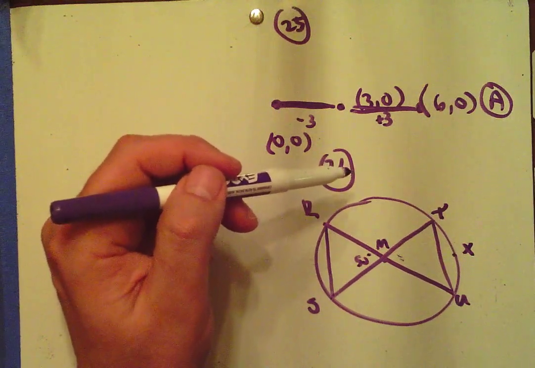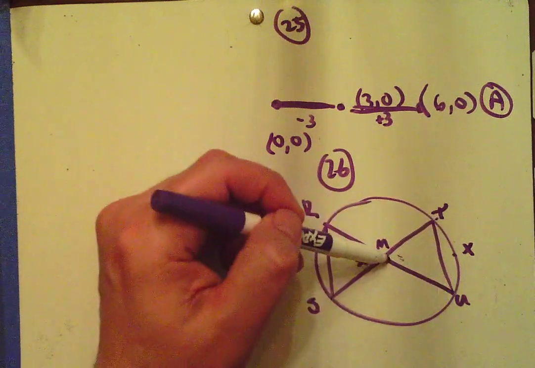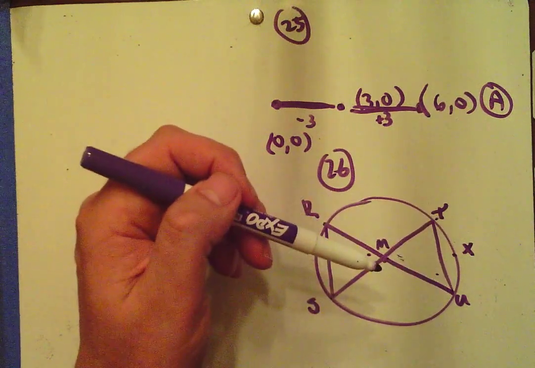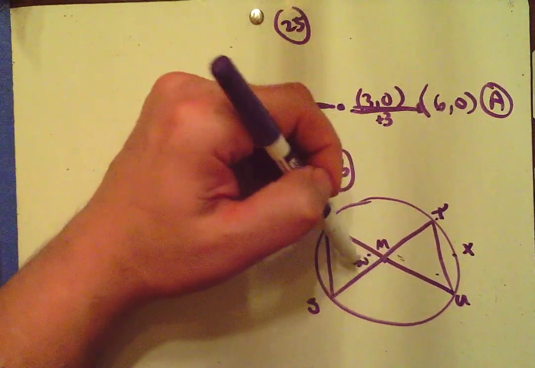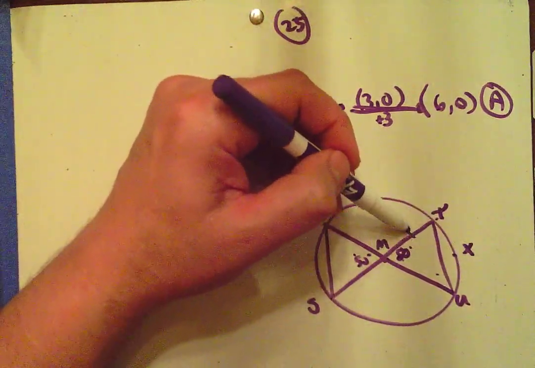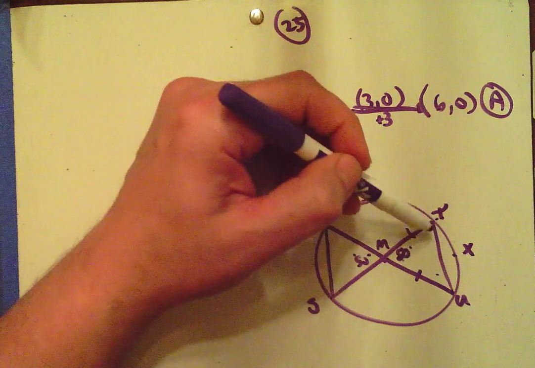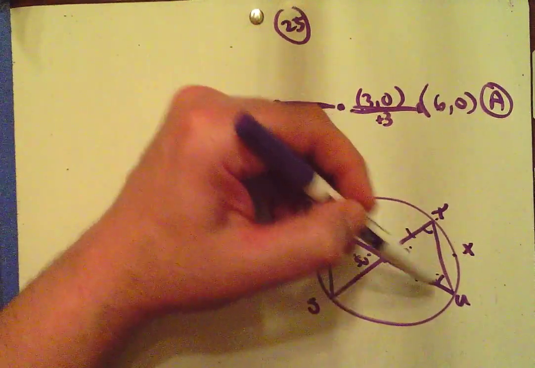Measure of angle TUM is 65. Well, how am I supposed to know that, you might say? Well, remember these are vertical angles, and vertical angles are congruent. And these are radii, so they're the same, which means these angles are the same. These 3 angles add up to 180.